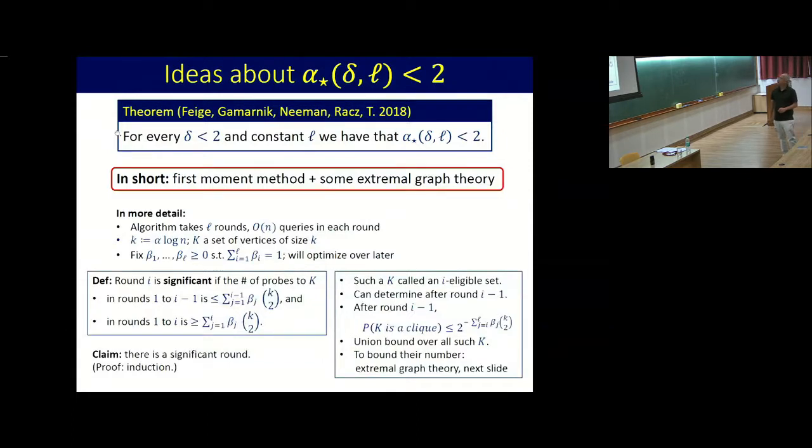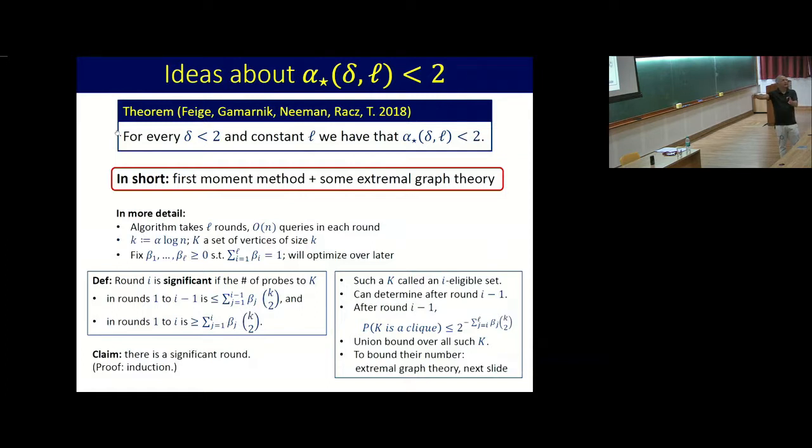Now, one point is that after round i minus 1, which is defined this way, using this i eligible, i significant set, the probability that what you will discover is going to be a clique is at most 2 to this summation from i to L, because you've only done up to i minus 1.